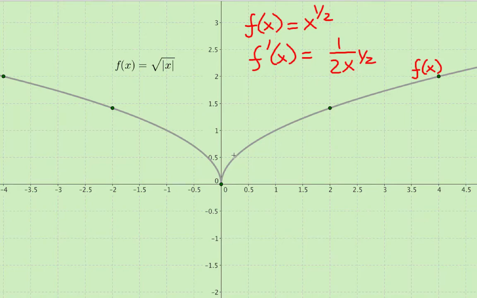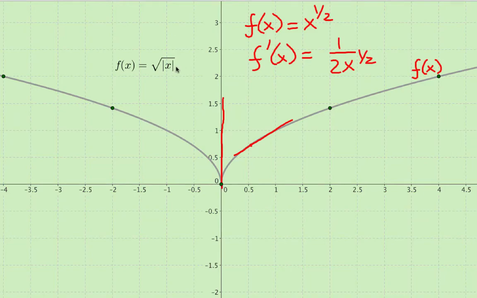And you can see that here is the derivative at this point. At this point, close to 0, the derivative is approaching infinity. And so therefore, what we've derived algebraically and what we plot over here are very much the same.